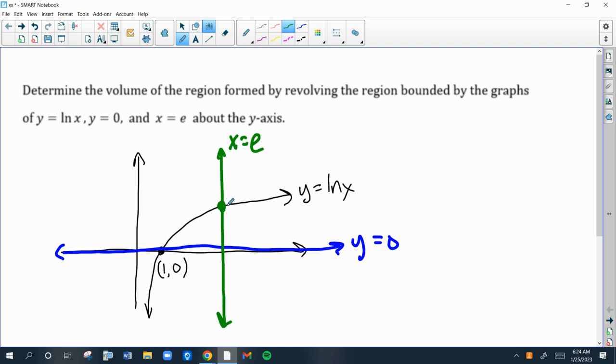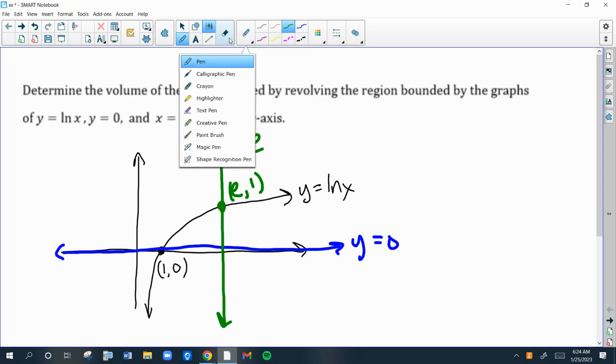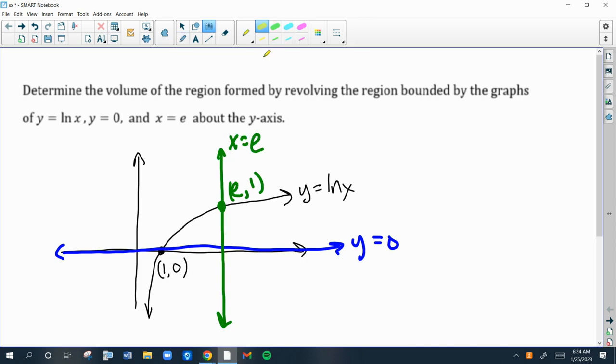And here's a key intersection point. If you plug e into the natural log, the natural log of e is 1, so this is e comma 1. So the region is right here.